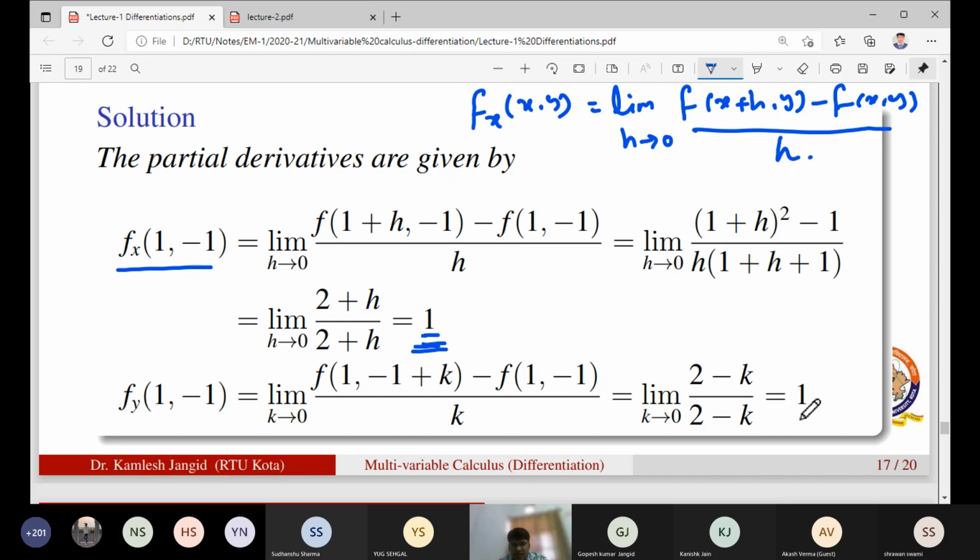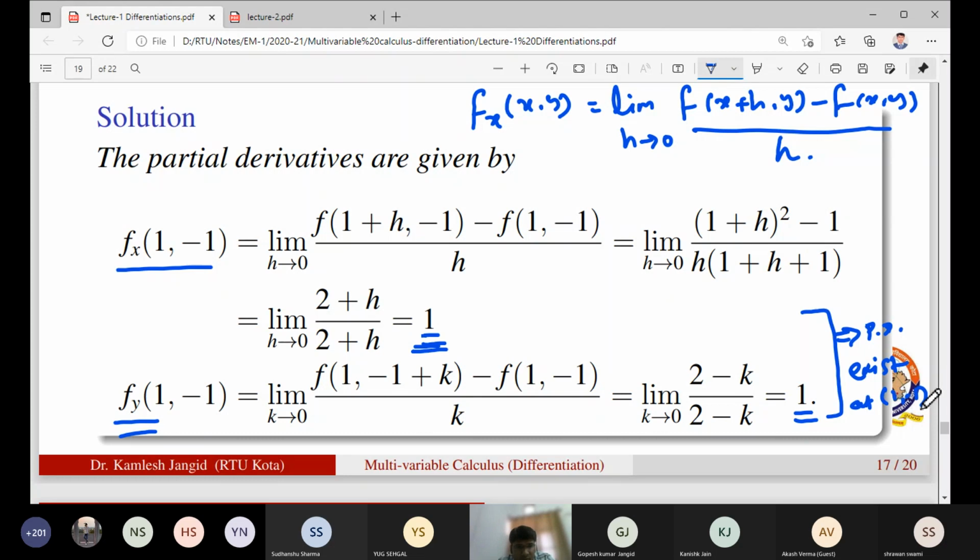So again, the partial derivative at the point (1, −1) is 1. From here, you can see that the partial derivatives exist at the point (1, −1).